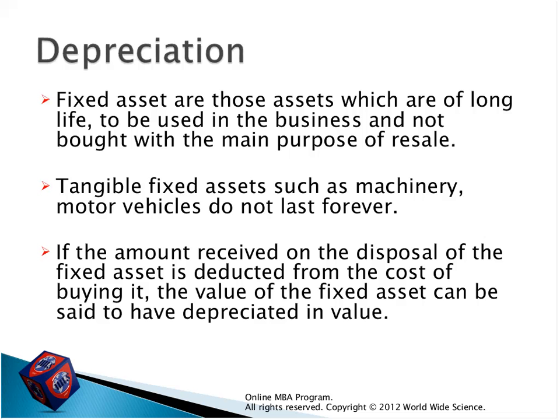And as well, if the amount is received on the disposal of the fixed asset, that means, for example, when we have some kind of fixed assets which would be sold later, and we receive some money from these assets. Like we have some computer, for example, we use it for 5 years. Then we already depreciate that computer, right?